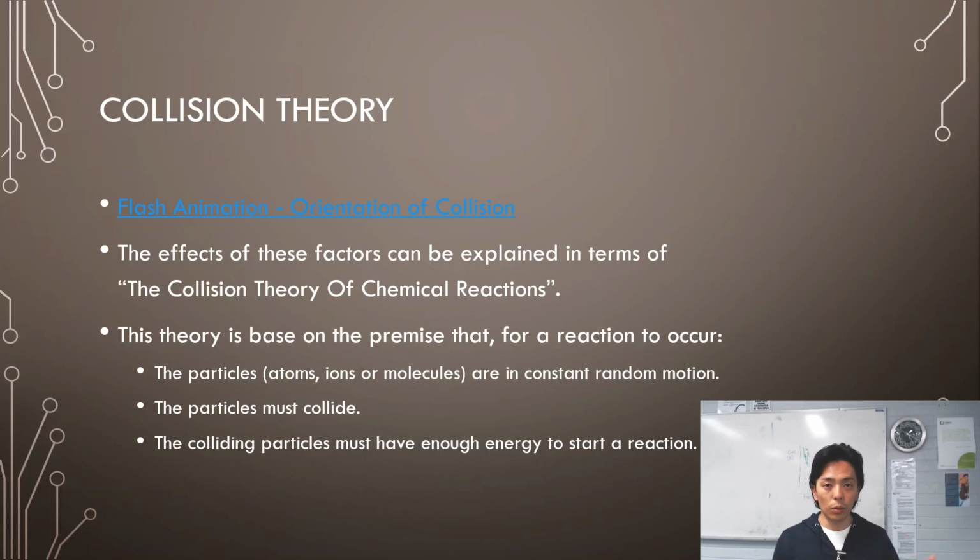Particles must collide to form some sort of product, and colliding particles must have enough energy to start a reaction. Without that, you won't be able to have the particles going over the hump of the energy profile diagram.